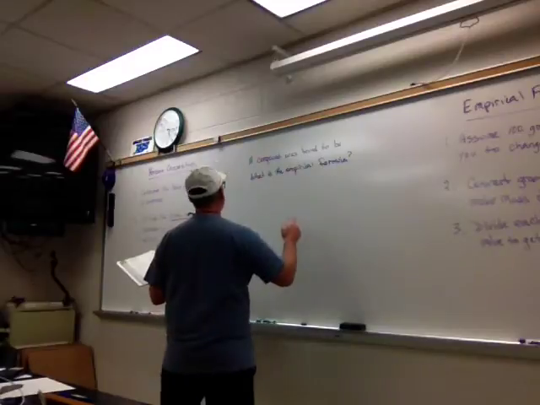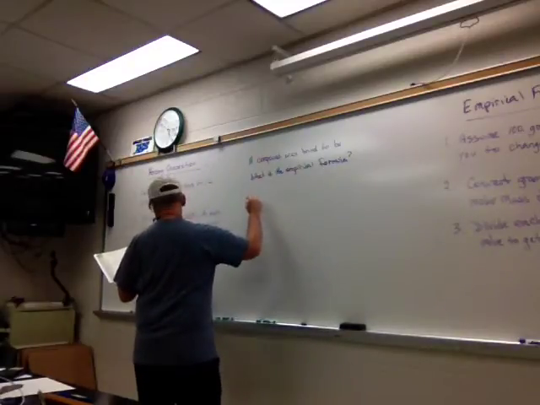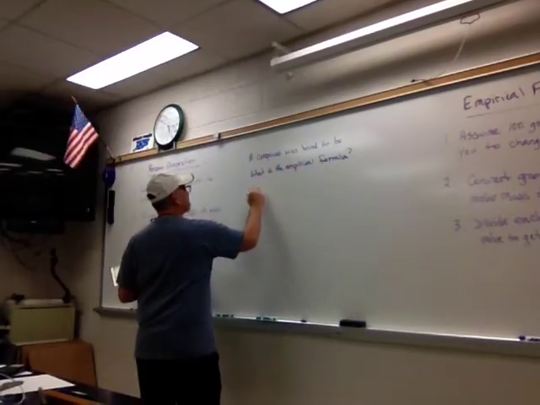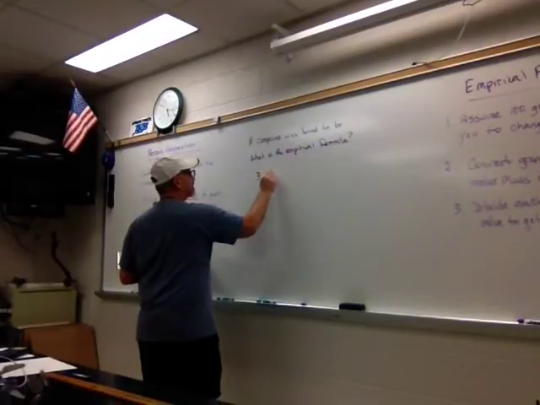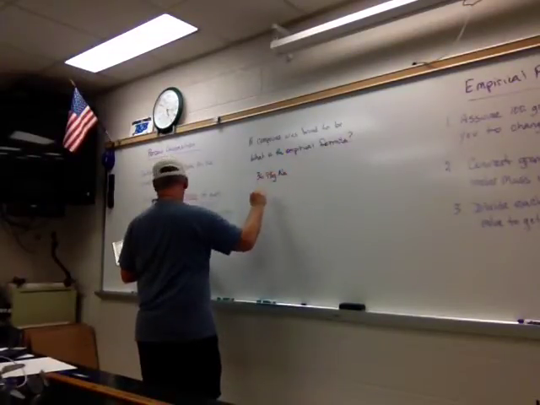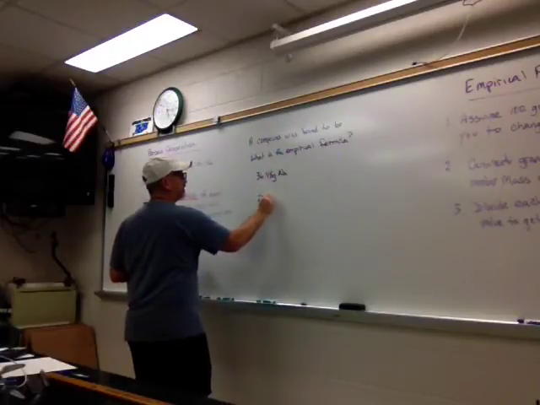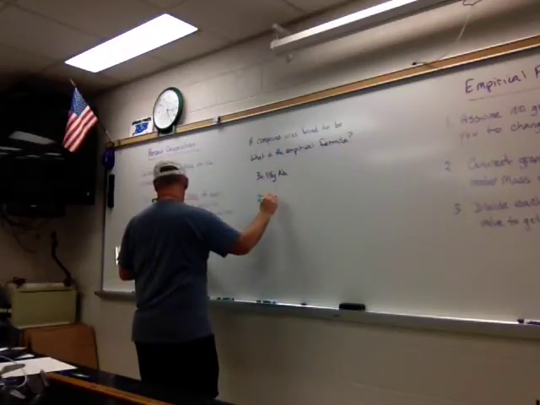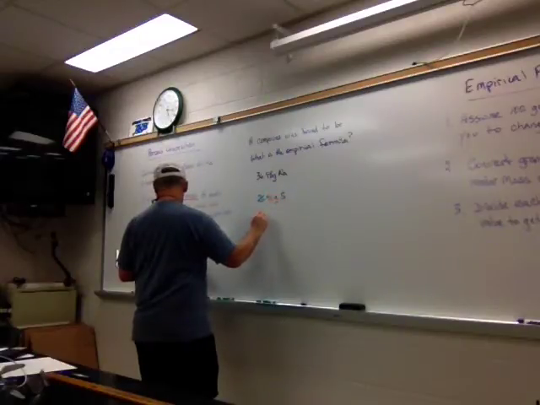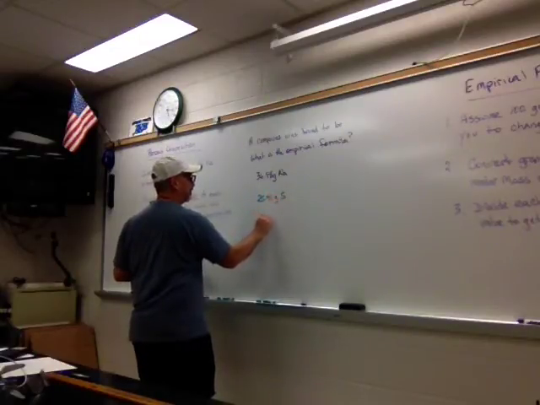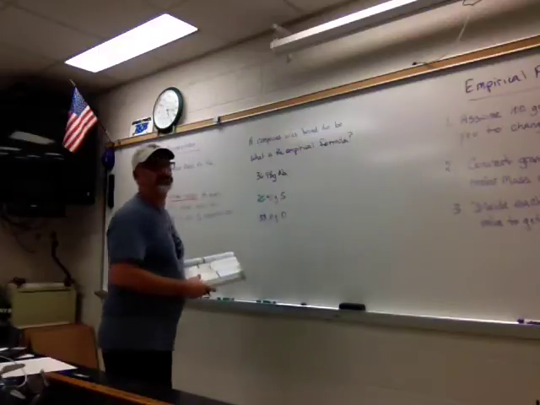So we'll just do this one. All we can do on this one is get the empirical formula. I'm going to change percent directly to grams: 36.48 grams of sodium, 25.41 grams of sulfur, and 38.11 grams of oxygen.